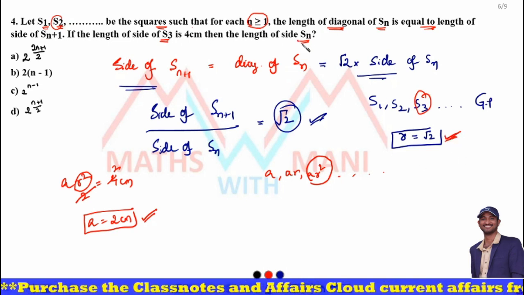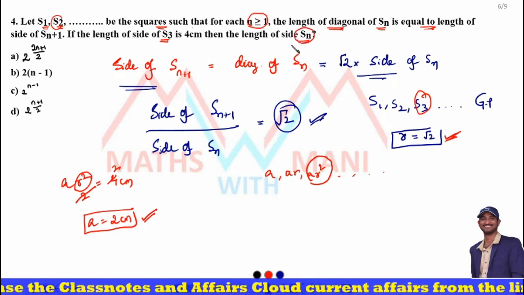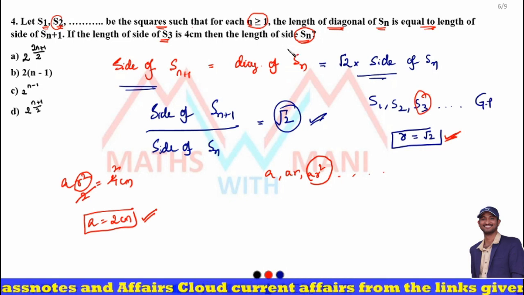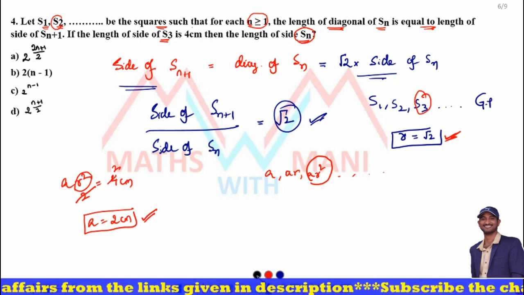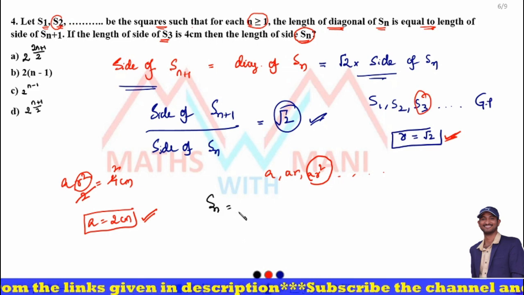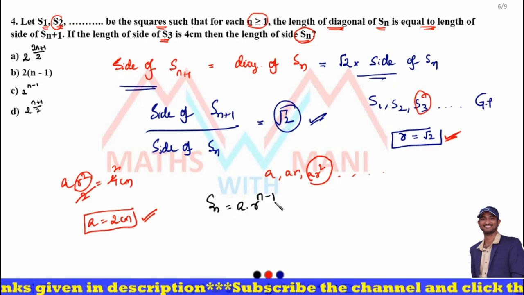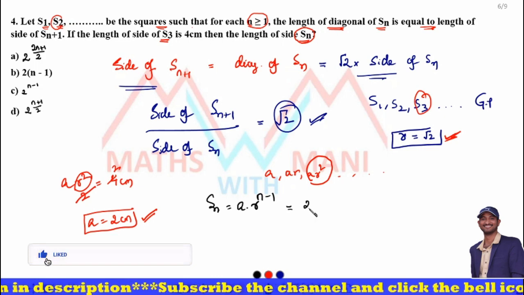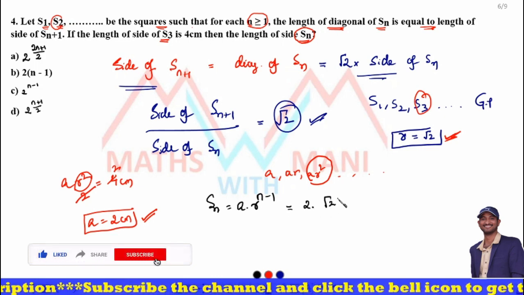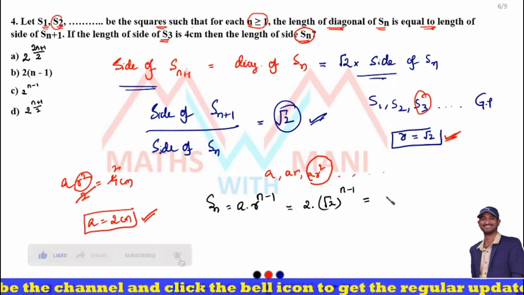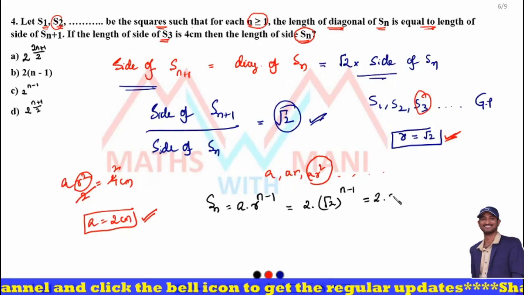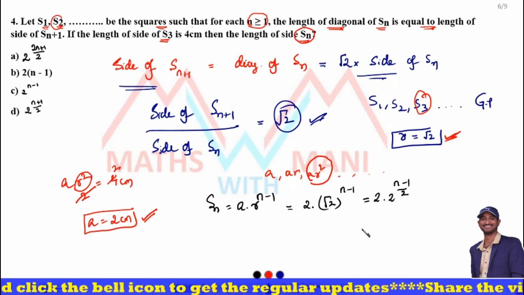So I know the first term and the common ratio, and you have to find the length of Sn, that is the nth term. Here Sn is not the sum of n terms; Sn is the side of the nth square, that means the nth term. So what is the formula for the nth term? A into R power n minus 1. A is equal to 2, R equal to root 2, whole to the power of n minus 1. Root 2 whole to the power of n minus 1 means 2 into 2 power n minus 1 by 2.